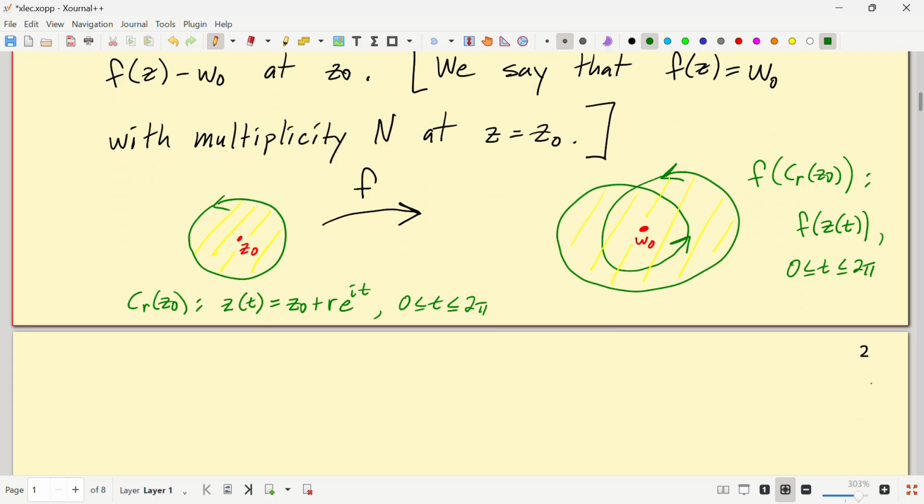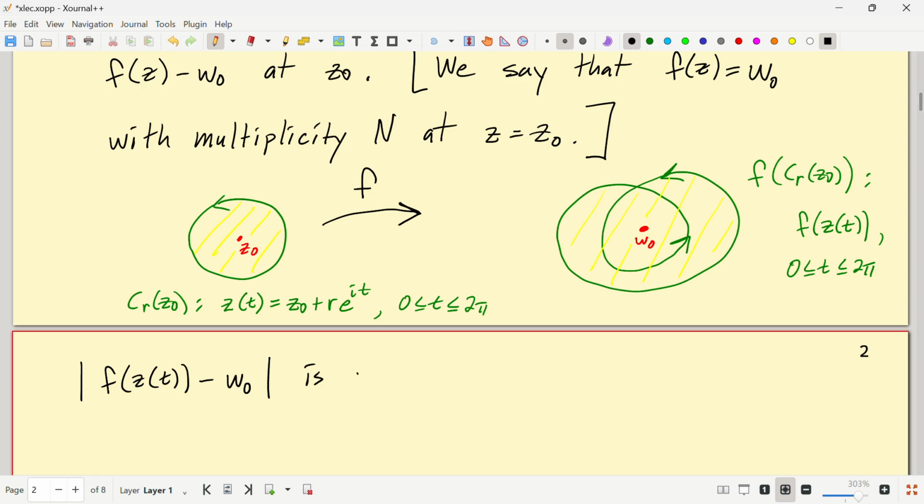That w naught is an isolated 0, so notice that. Let's think of f of z of t minus w naught. That's never 0; it is non-vanishing. And it's obviously a continuous function, so it's a non-vanishing continuous positive function.